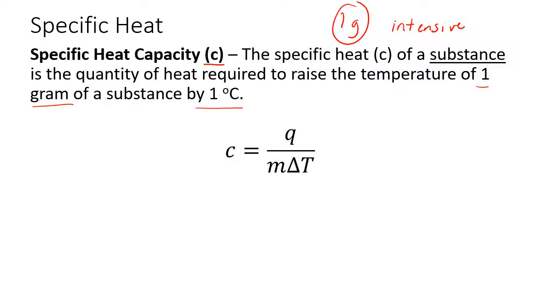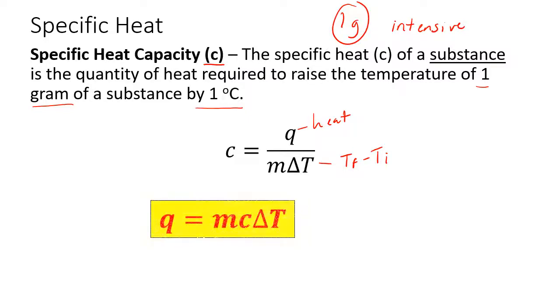Therefore, the formula for specific heat, lowercase c, is equal to the heat, or Q, divided by the mass times the temperature change, where our temperature change is still some final temperature minus an initial temperature.